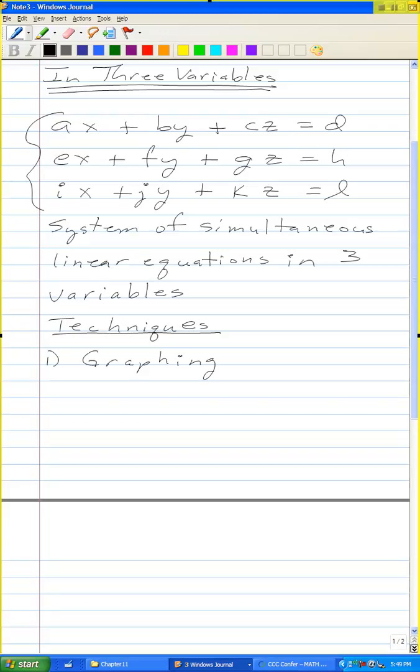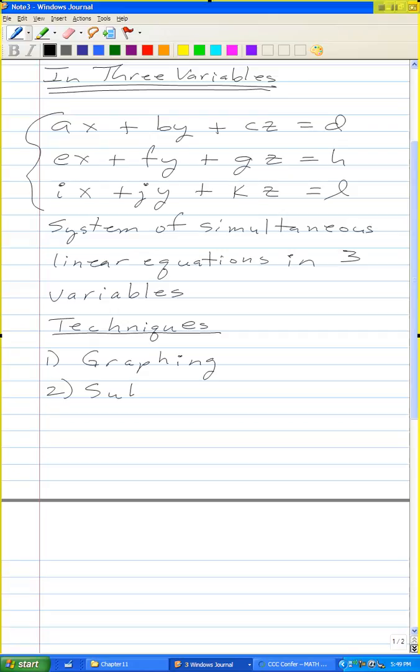So we won't actually be using that technique of graphing, but at least for three variables, I will show you what a solution means. It won't really be a practical technique to actually solve systems.